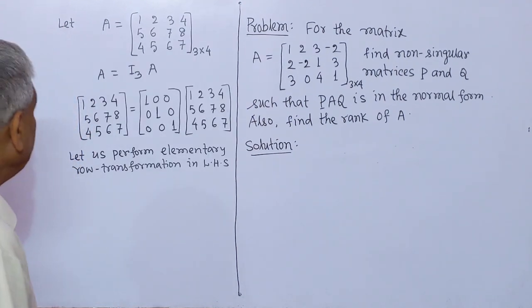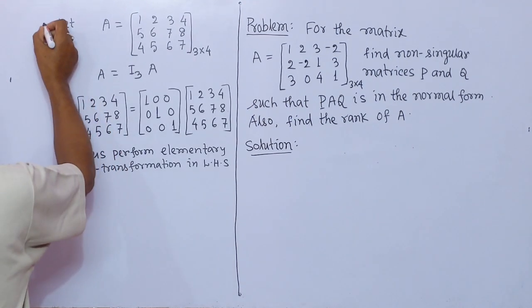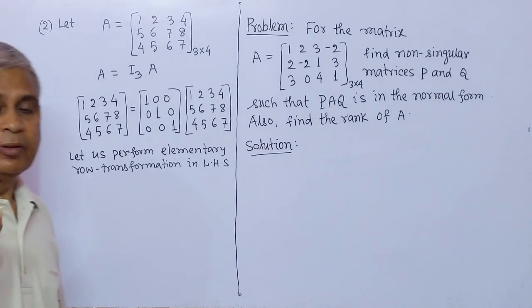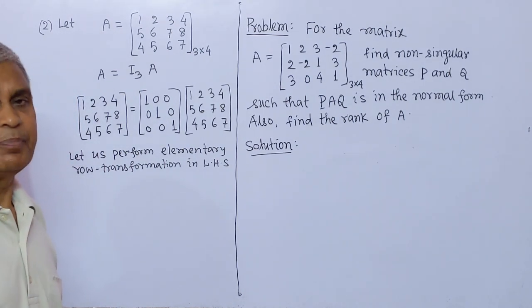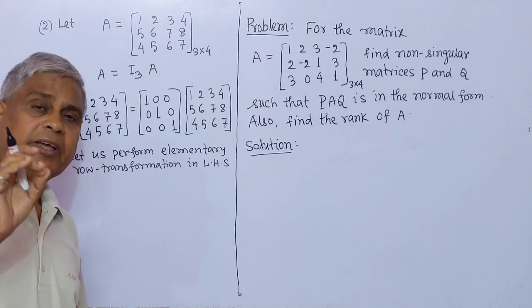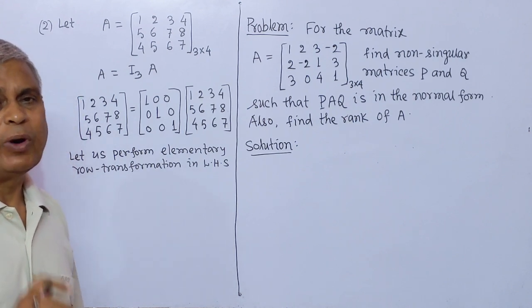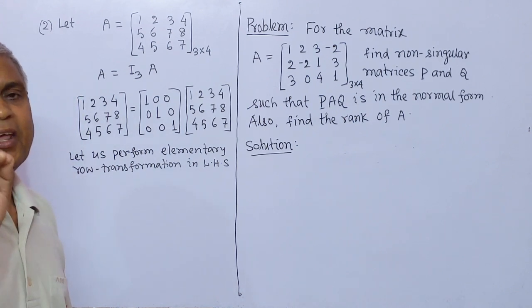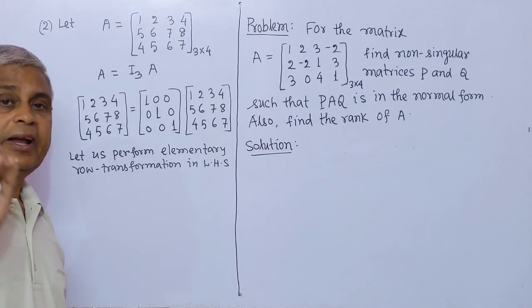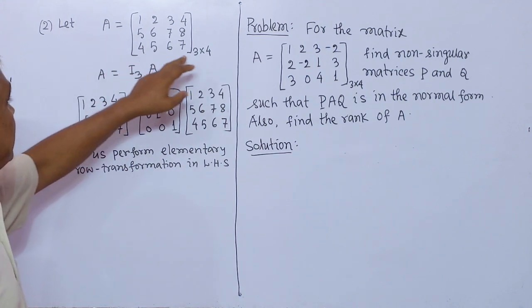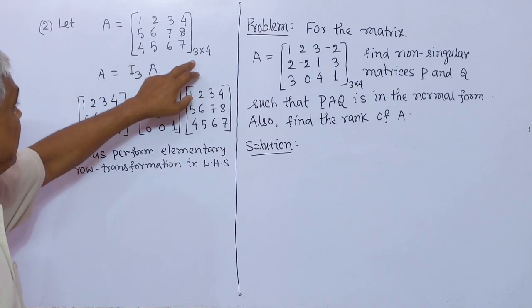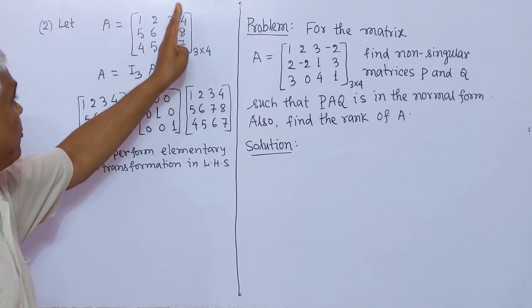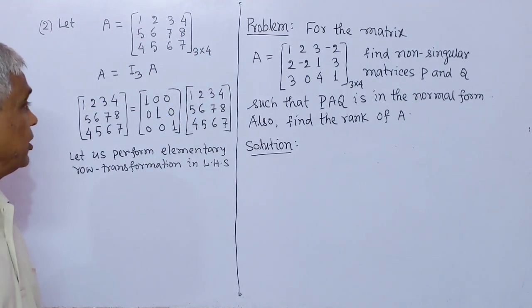Now let me give the second concept. This concept is given with a particular example, because in a particular example one can understand very easily. Let A be a 3 by 4 matrix, meaning the number of rows of A is 3 and the number of columns of A is 4.